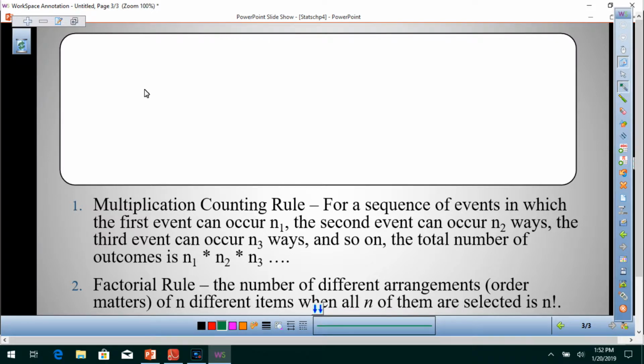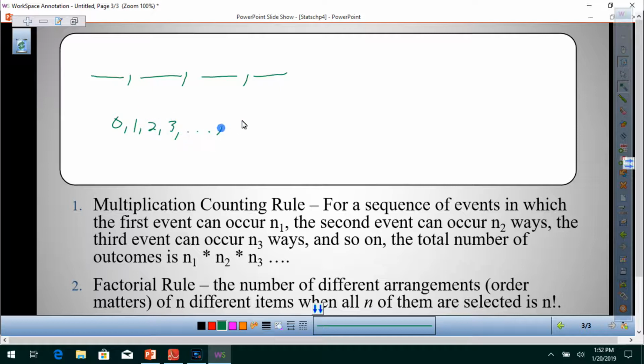What about 4-digit passcodes? You've got a 4-digit passcode: 1, 2, 3, 4. How many digits can the first one be? Well, how many digits are there? Single digits: 0, 1, 2, 3, and so on, up to 9.